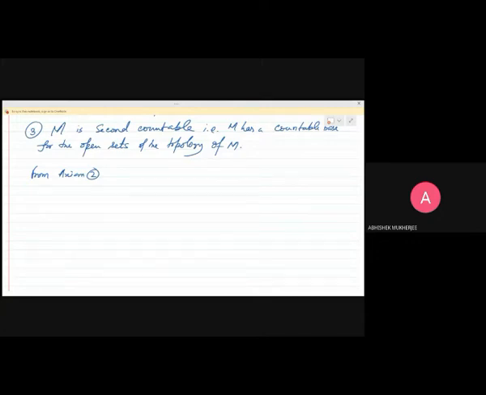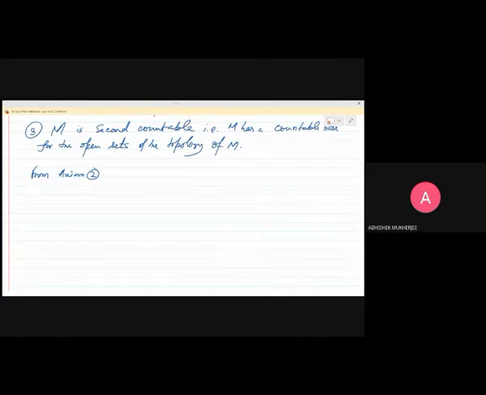That means there exists a homeomorphism between these two sets.